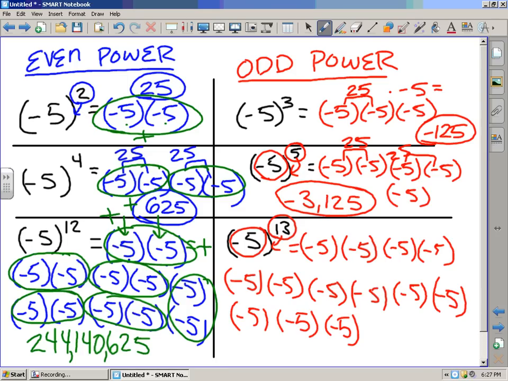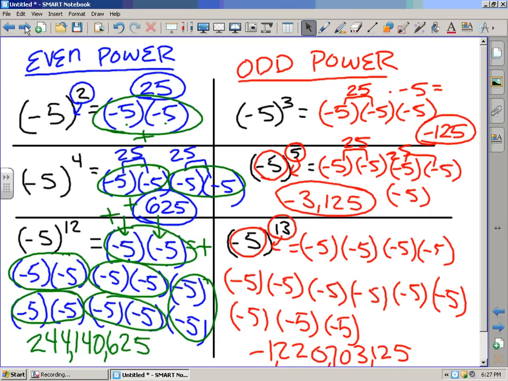And when you take negative 5 to the 13th power, you get negative 1,220,703,125. I think I said that wrong. Negative 1,220,703,125. So a very large number.